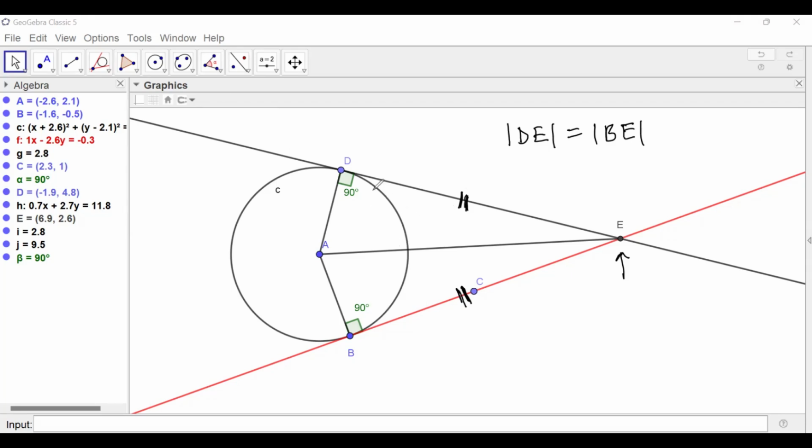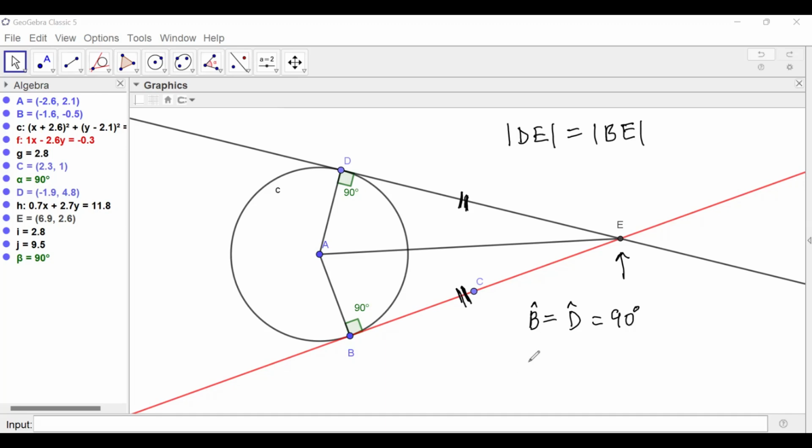So here, you agree with me that angle B is the same thing as angle D, and this is 90 degrees.